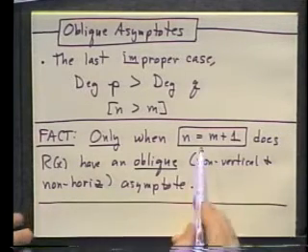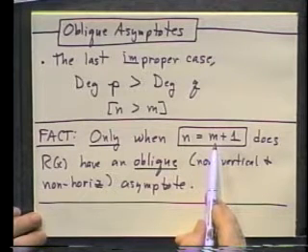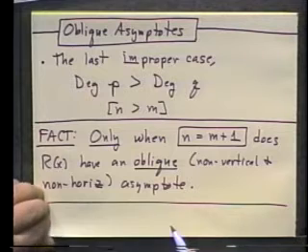If n is greater than m plus 1, there are no oblique asymptotes. There will be curves that the given function will approach, that's true, but they will not be asymptotes.